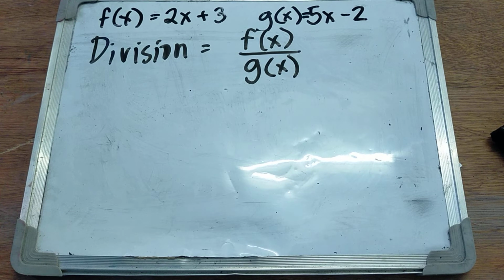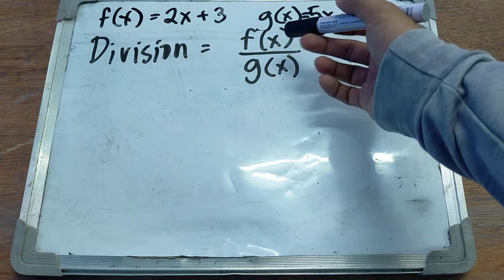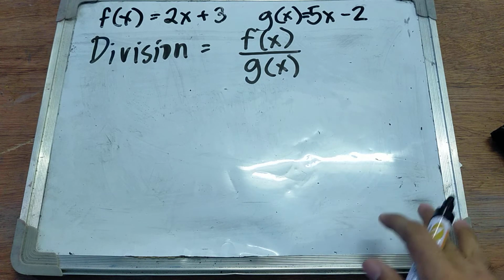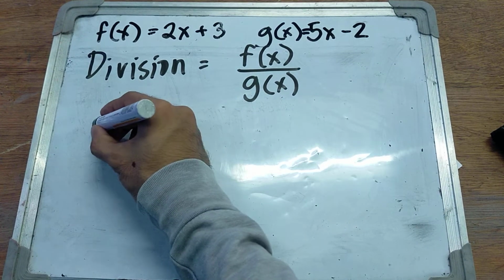And the last operation that we are going to apply is the division. So in division, with the given f of x will be divided into g of x. And later on, we are going to apply the division rule of a function or an equation. Okay, so same given, we are going to apply.